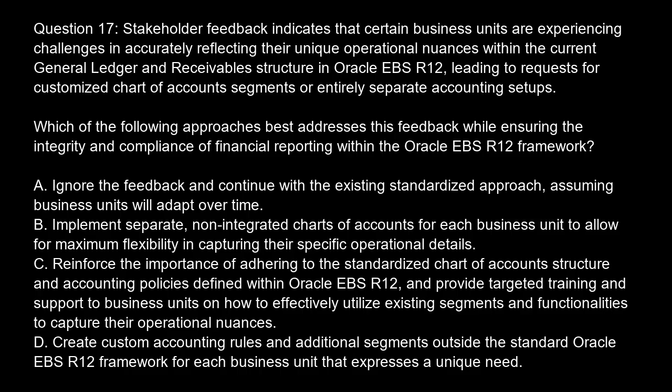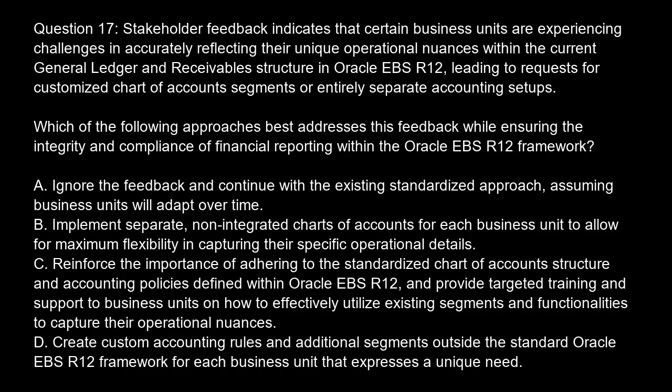Ignore the feedback and continue with the existing standardized approach, assuming business units will adapt over time. Option B. Implement separate, non-integrated charts of accounts for each business unit to allow for maximum flexibility in capturing their specific operational details.